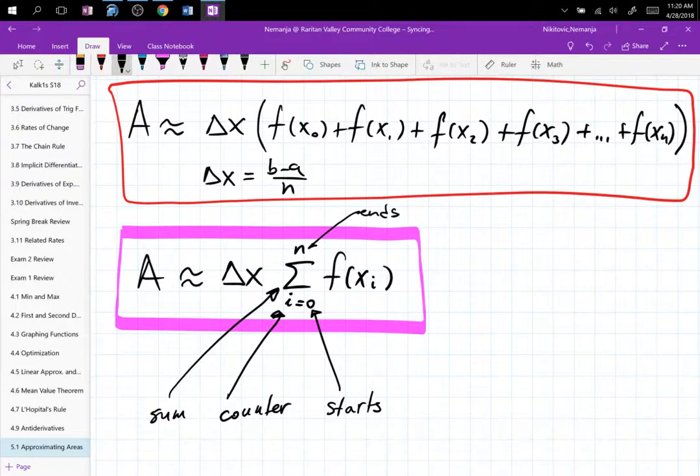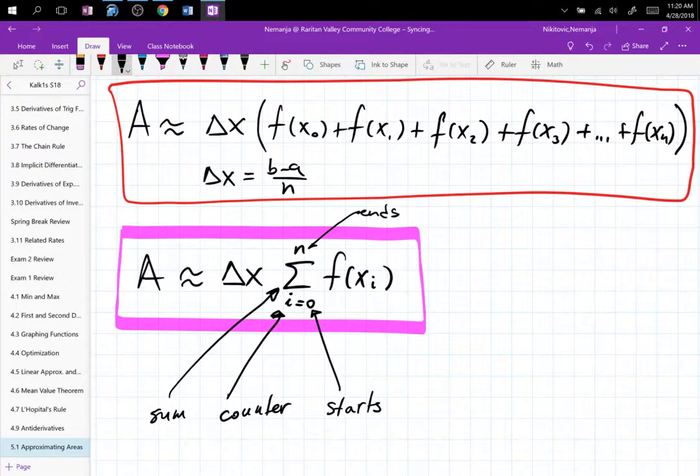So this i is going to go through 0, 1, 2, 3, 4, 5, in order, maybe all the way up to 8. So the sum from i equals 0 to 8 gives us x0, x1, x2, x3, x4, x5, x6, x7, and x8. So that's what we have for this.